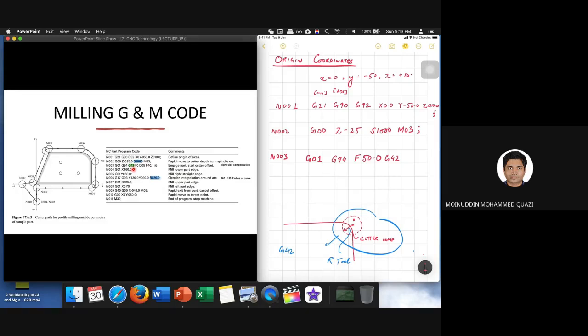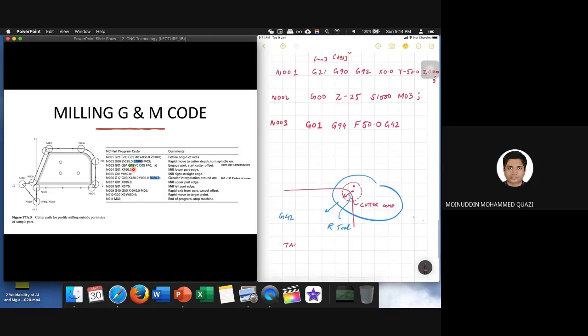So what is the cutter radius? The cutter radius will be taken from the machine automatically when I specify D05. In table 7A1, you will see D05 written.